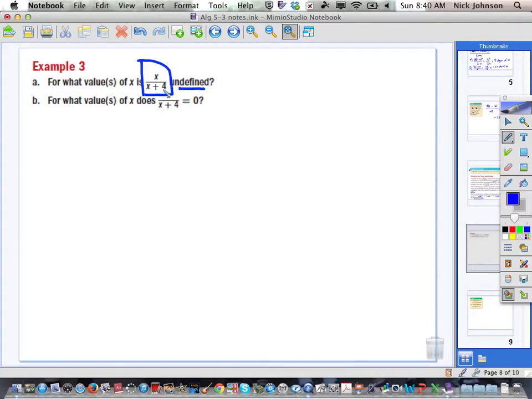So what you need to do when they ask you that, you take the denominator, x plus 4, and set it equal to 0. This is what you need to write down, people. If you want it to be undefined, set the denominator equal to 0. Everybody has problems with this.